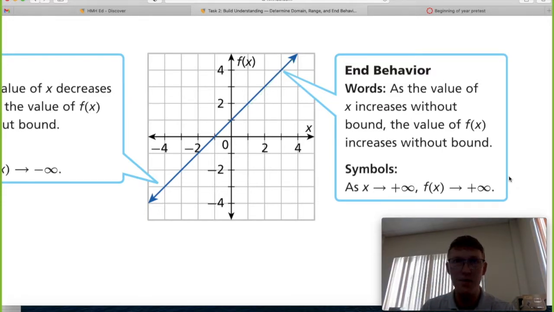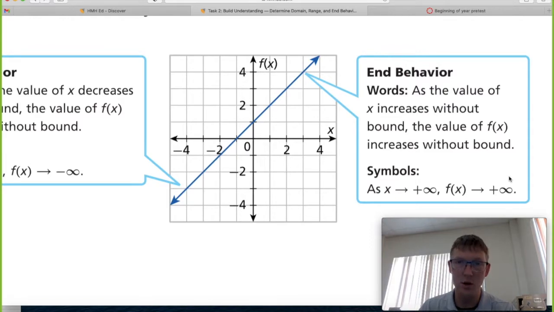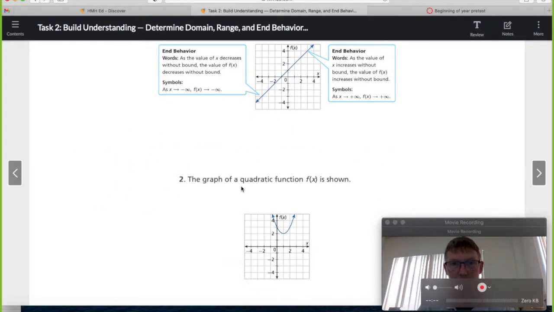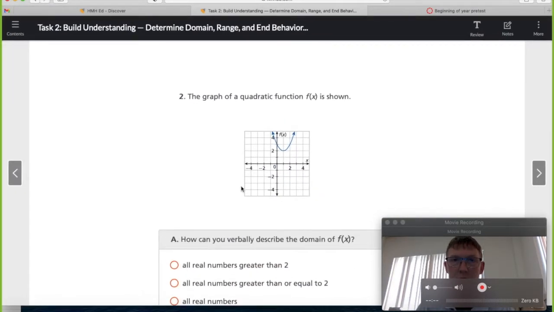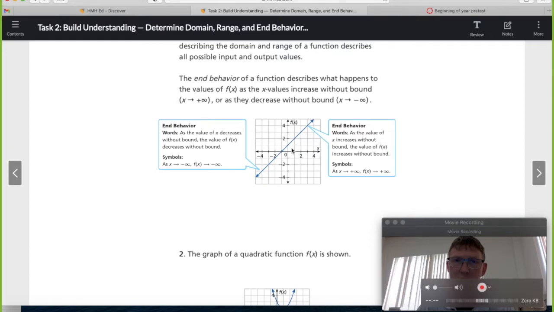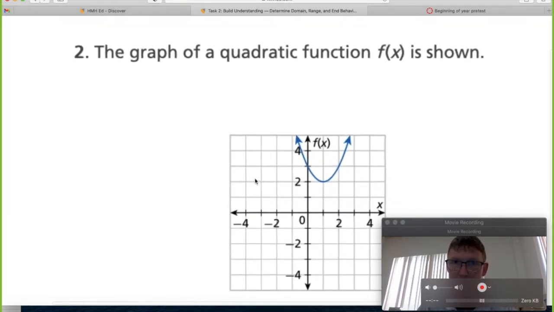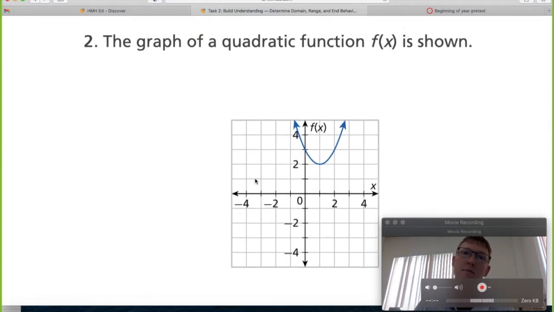Again, someday when you're doing homework from the textbook and you're getting something wrong like this, make sure you add a positive infinity to whatever. So domain, range, and end behavior is pretty easy on a line. Let's try it on a non-line.